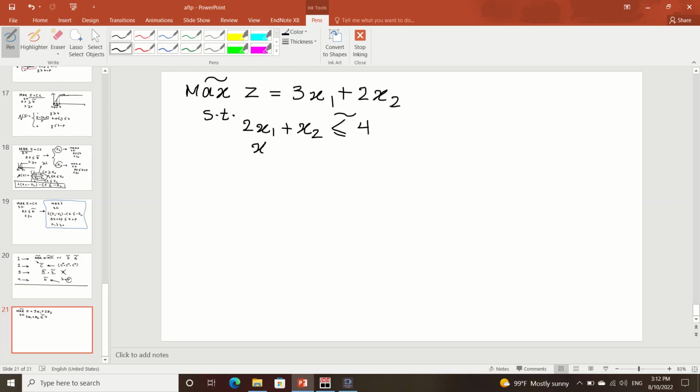And the second constraint, x1 plus 2x2 is greater than, in the first fuzzy state, is greater than 6. x1 and x2 are non-negative.